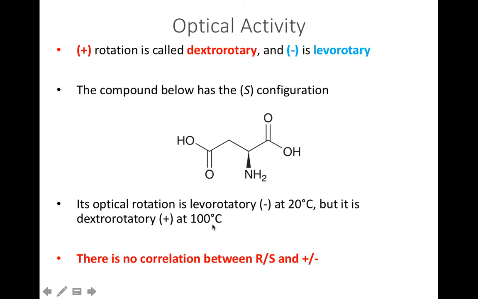You can see the temperature greatly affects what the optical activity is. And this also tells us that there is no correlation between R and S and plus and minus. We can determine R and S from looking at the compound, but whether it's dextrorotatory or levorotatory has to be determined experimentally.